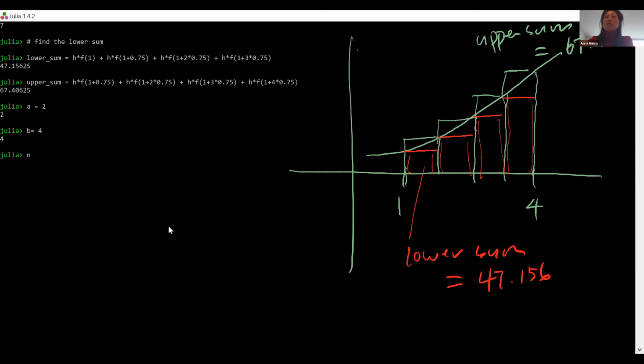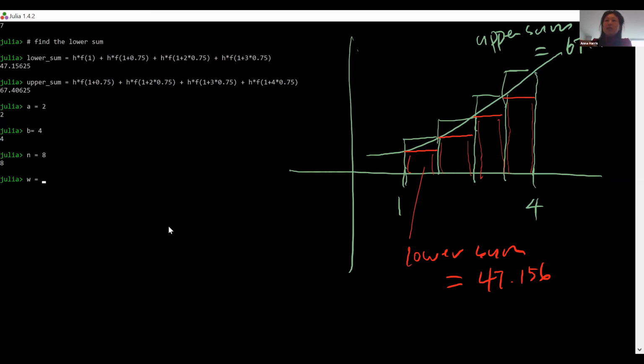Okay, so I want my n to be say 8. That means I'm going to have 8 rectangles. That means I have to find my width again. I'll call it width as W, so it'll be easy for you to see.